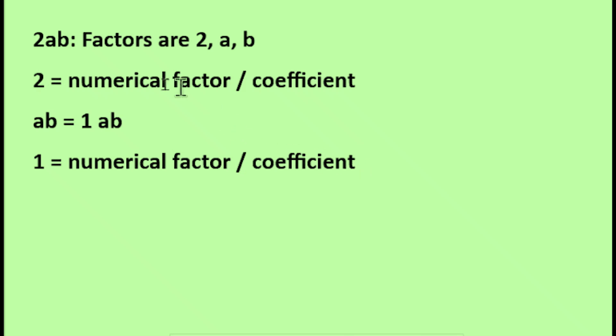You always write the number at the beginning. We don't write like A to B. So this beginning number is the numerical factor or numerical coefficient, and if it is only A or only AB, then 1 is understood. AB means 1AB, A means 1A, X means 1X. So 1 is the numerical factor or numerical coefficient.